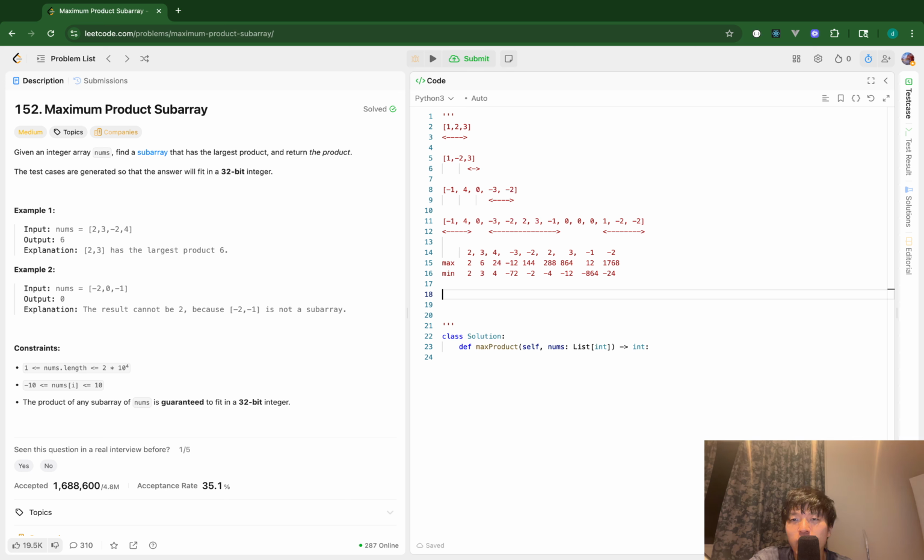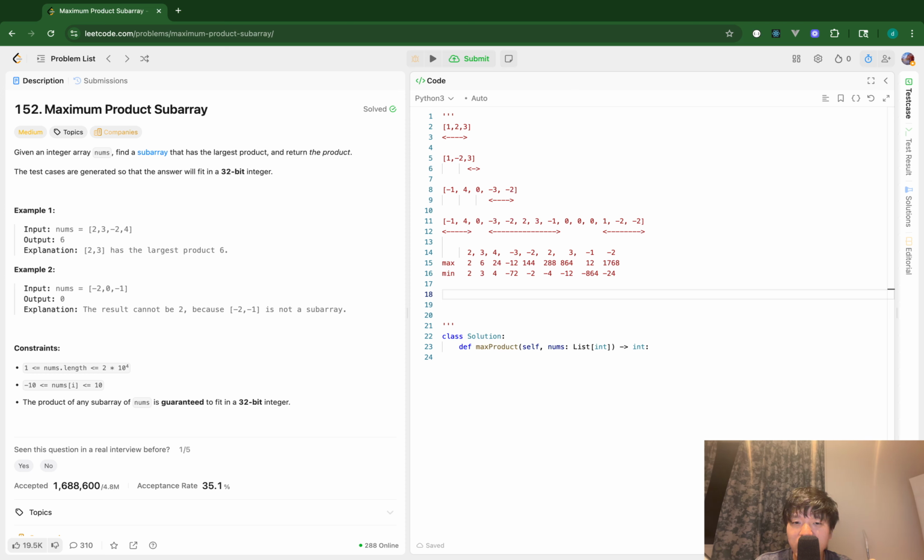If I solve this question for each end index, then out of those numbers, I get the global maximum one.